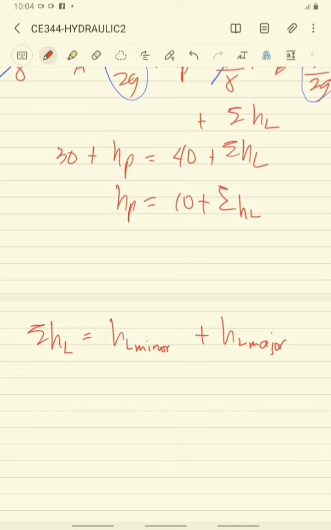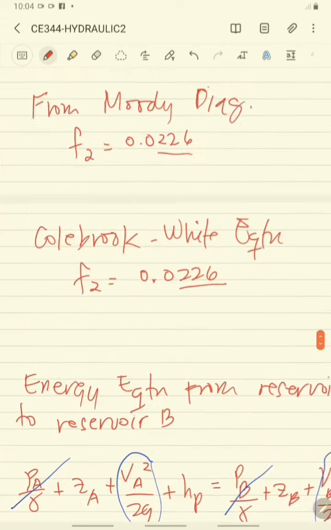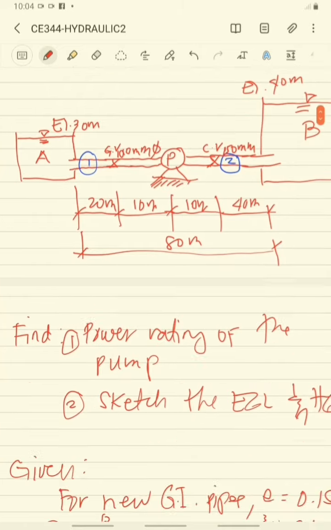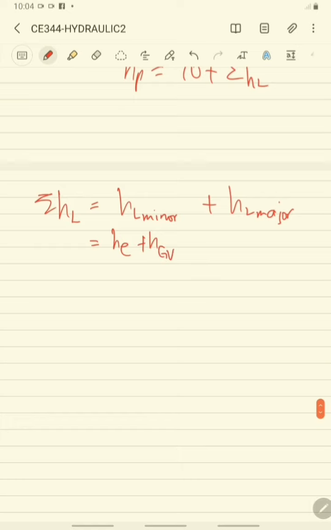From the problem, we only have head loss at the entrance, plus head loss of the gate valve, plus head loss of the check valve, and head loss of the discharge, plus the major losses.